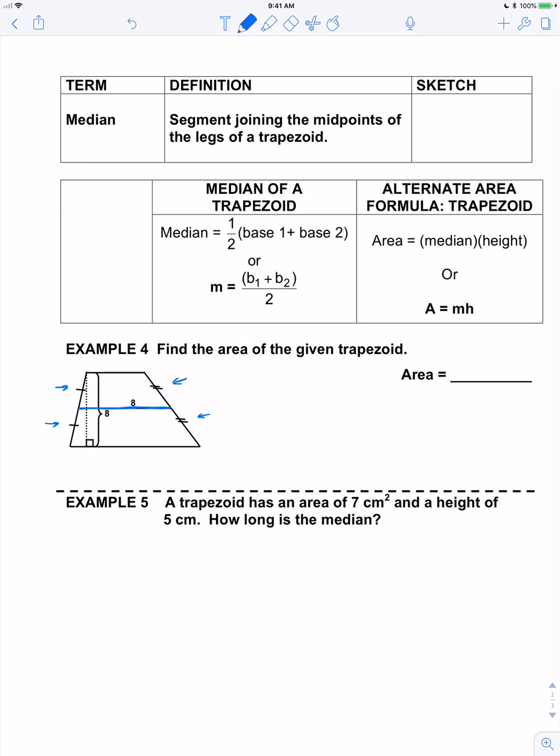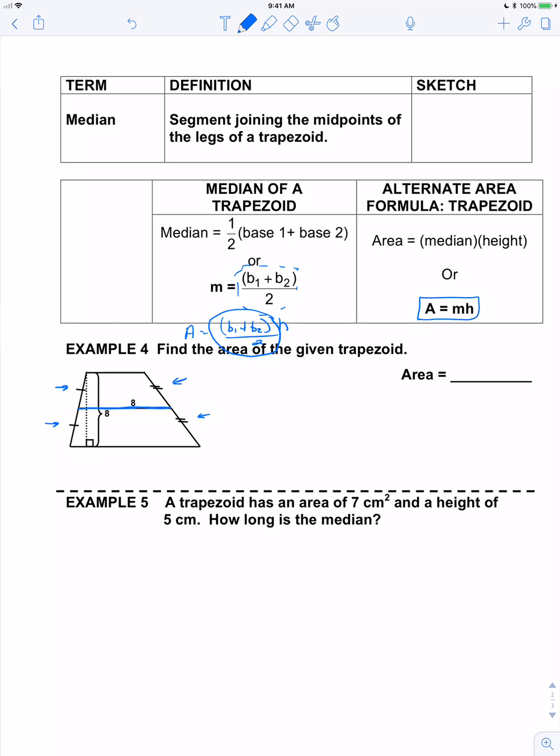So notice that that is one portion of that area. If we're given that median, so this is the formula for the median, we'll notice the area of that trapezoid was the base 1 plus base 2 times the height divided by 2. Well, this portion is the median, so we could just say the area is the median times the height.